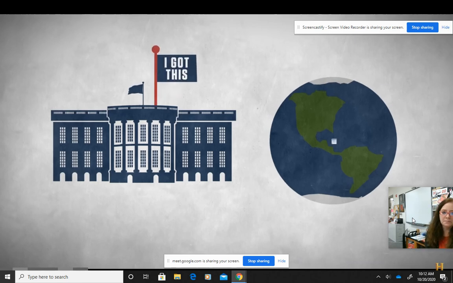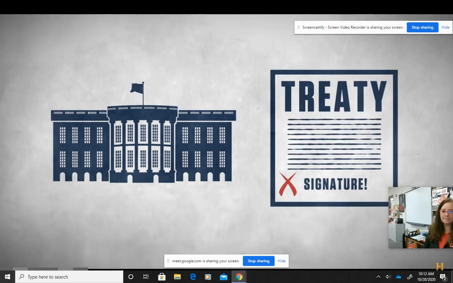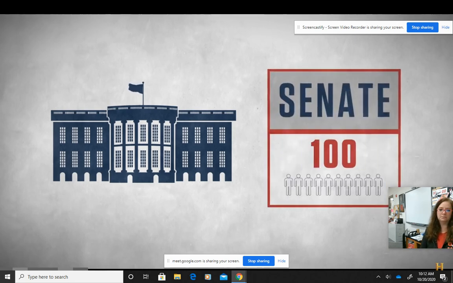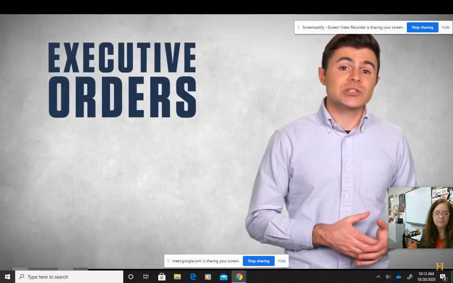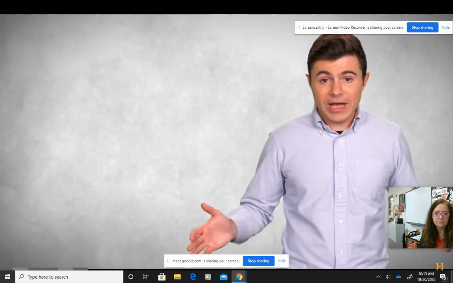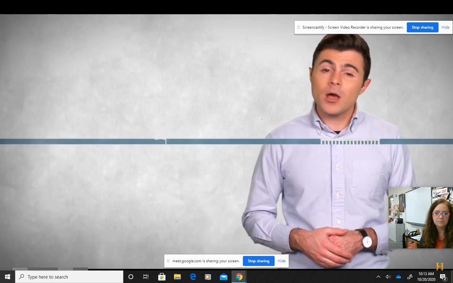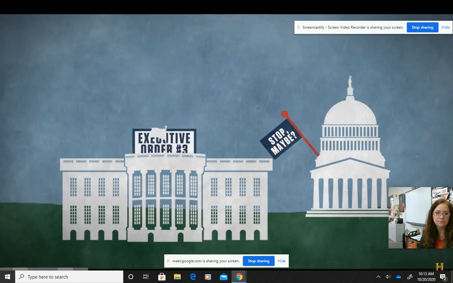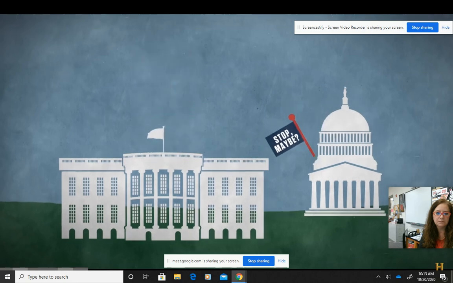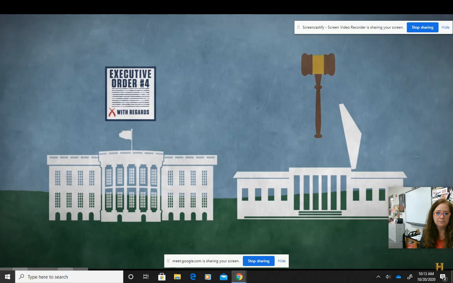He can negotiate and sign treaties with the United Nations, but it only becomes ratified with the support of 2/3 of the Senate. The president also has the power to issue executive orders, which allows him to direct the actions of members of the executive branch without it having to be approved by Congress. But while Congress has no say when it comes to executive orders, the judicial branch, in the form of the Supreme Court, does have the power to overturn an executive order.